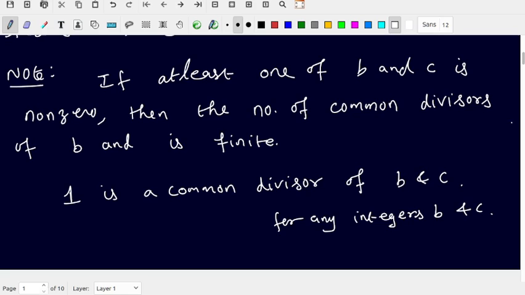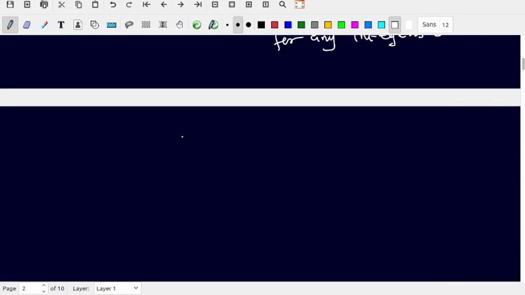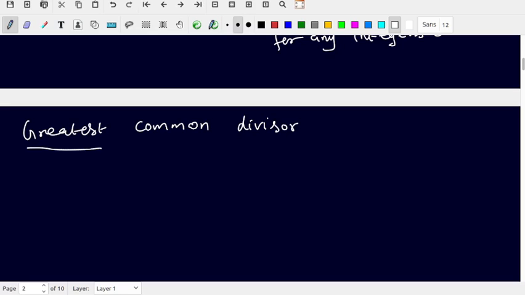Now we define the greatest common divisor. Its popular abbreviation is GCD.